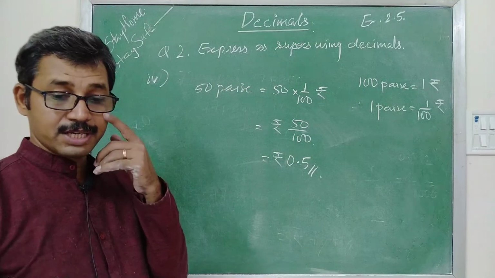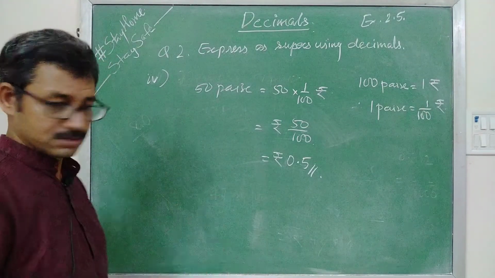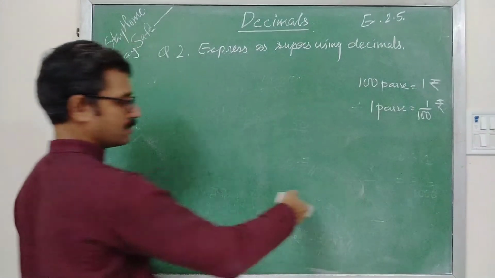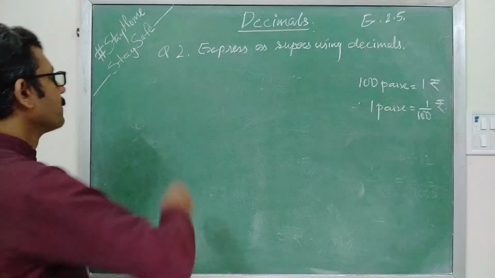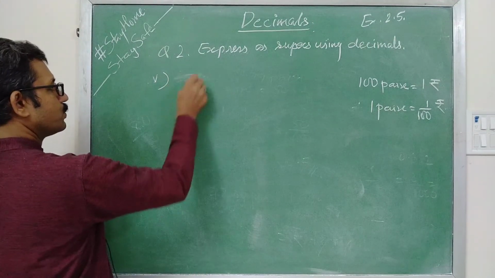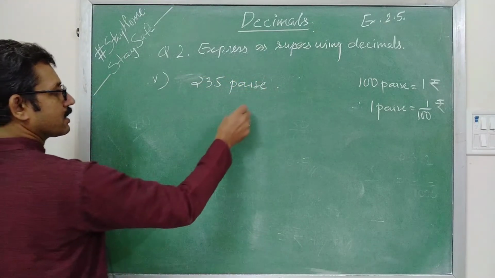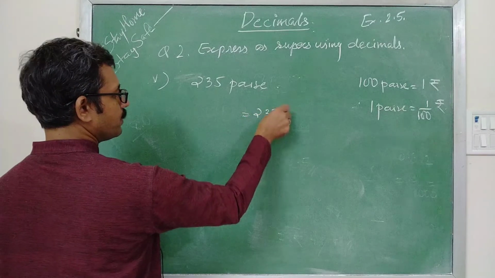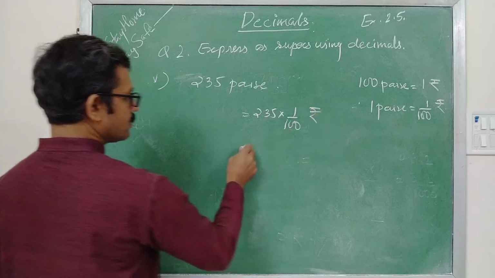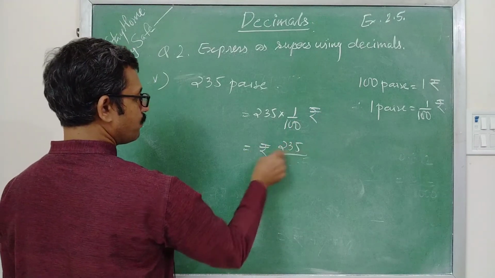Now the next is 235 paise. Correct? We can write 235 into 1 upon 100 rupees. So it is rupees 235 upon 100.